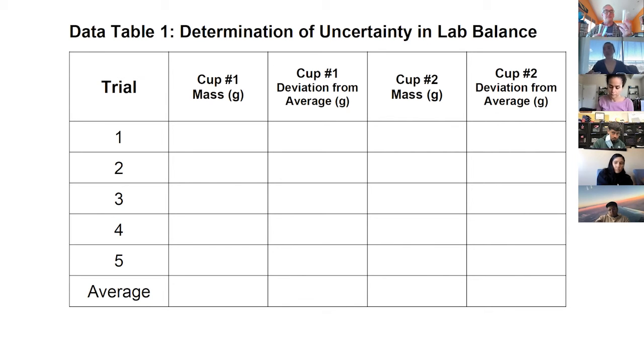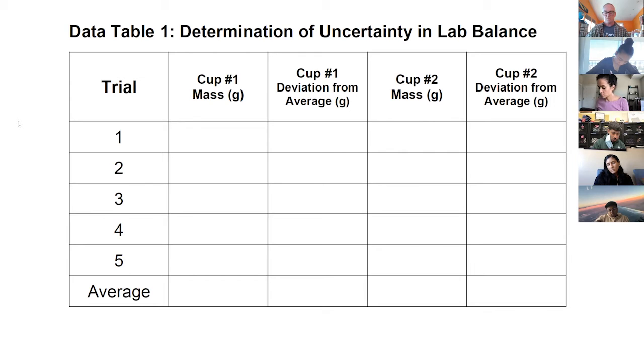Even if cup 1 gives you a certain average mass and cup 2 gives you a different average mass, the deviation should be similar in each case, because the uncertainty of the balance is not related to what it's weighing. It's related to the uncertainty of the instrument itself.